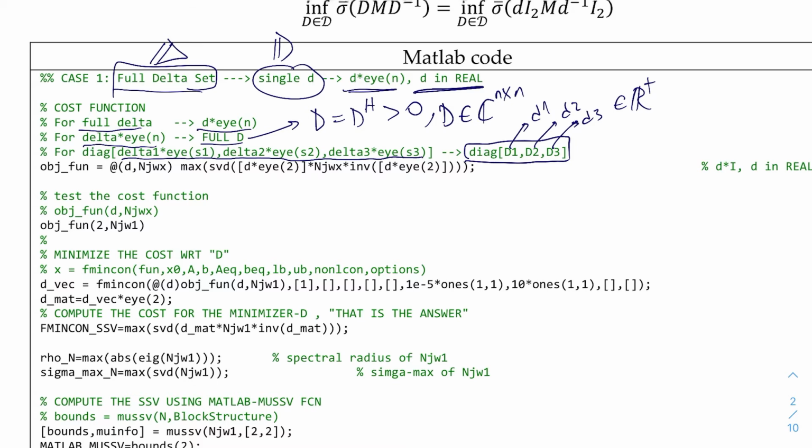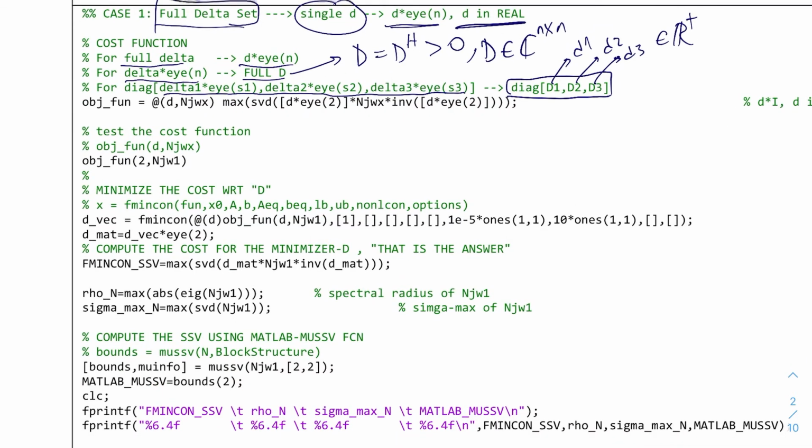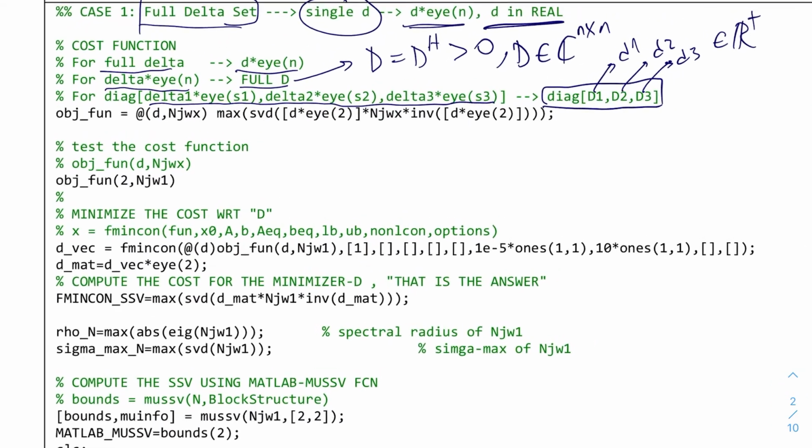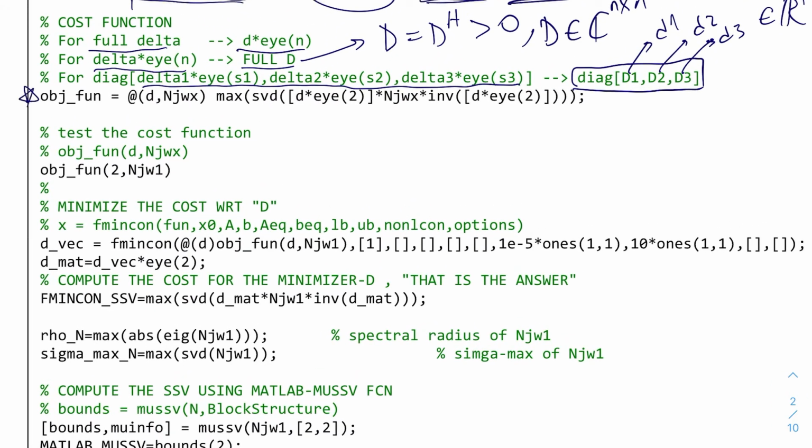Let's look at this. This is the cost function, and here this is our given matrix. We are going to supply that function with one complex matrix and also D, and it will give us the cost. When we say cost, we mean this.